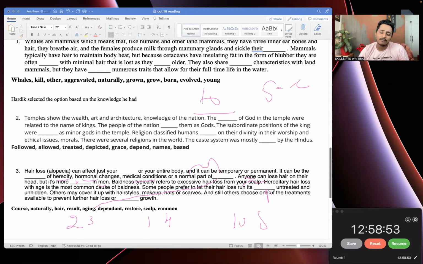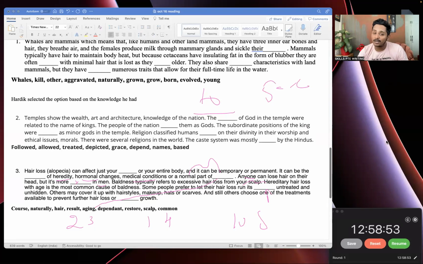What is the answer for the fifth one? Very good, Anand. Alvin correct. Milap correct. It's a collocation.